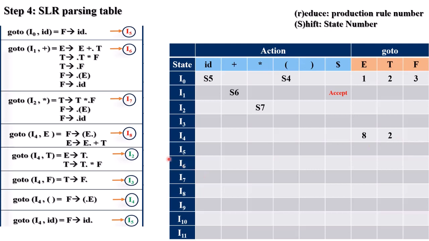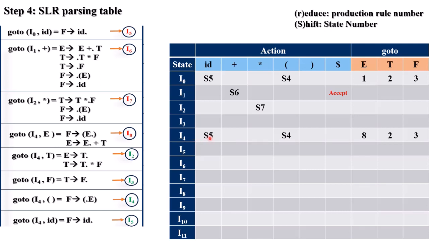So where we are here: I4 T is completed. Next, I4 of F. What we get? I3. So we have to write here 3. Next, I4 opening bracket, we get I4. So we have to write here S4. Next, I4 ID, what we get?